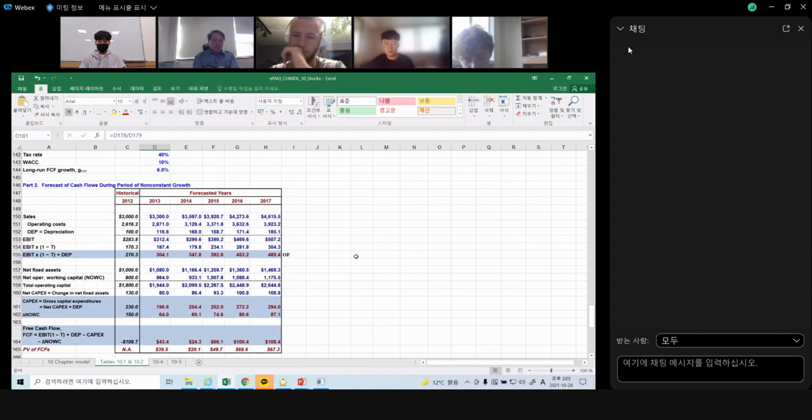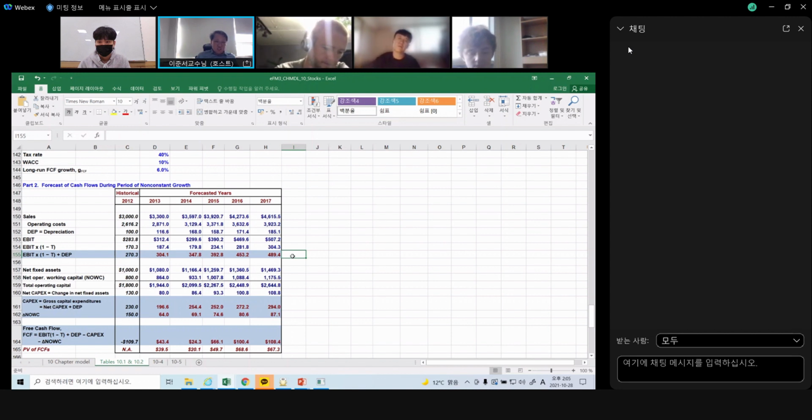But in the Excel spreadsheet, the forecasted years are from 2013 to 2017, but in the textbook there are 3 more years. So according to the textbook, the forecasted years are from 2016 to 2020, and we are at the end of 2015.